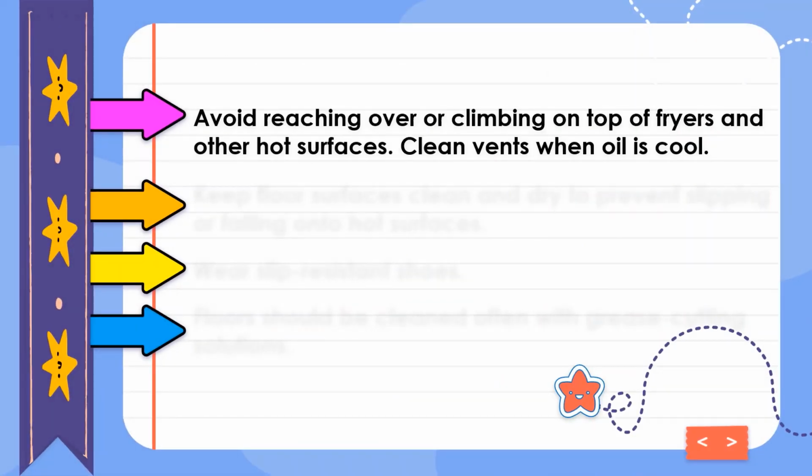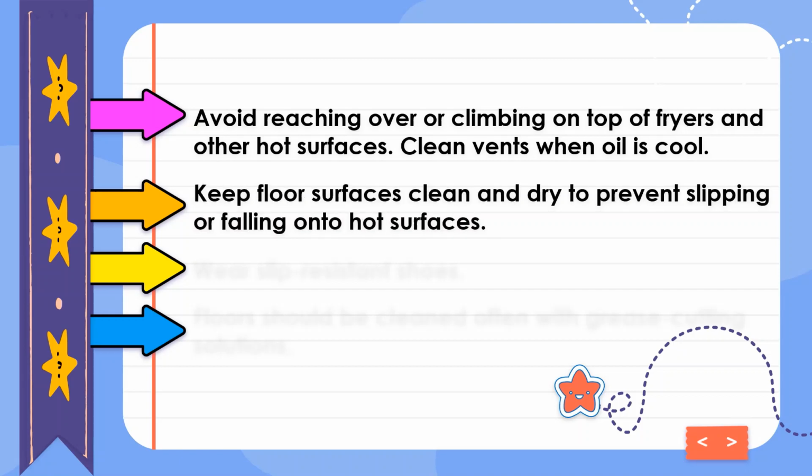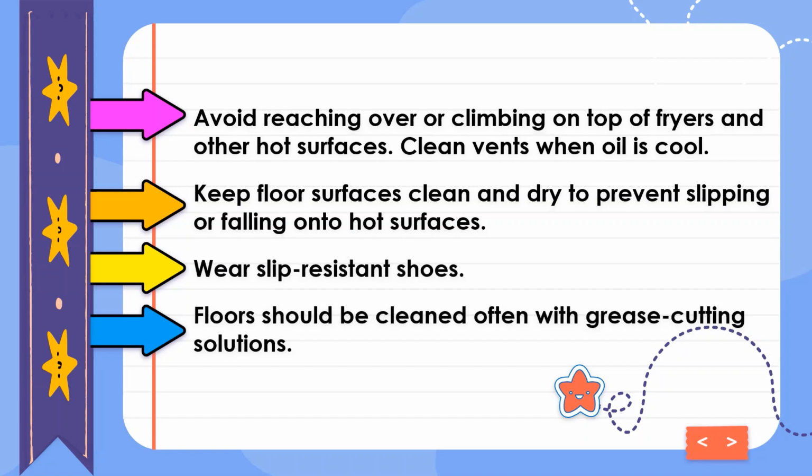Avoid reaching over or climbing on top of fryers and other hot surfaces. Clean vents when oil is full. Keep floor surfaces clean and dry to prevent slipping or falling onto hot surfaces. Wear slip-resistant shoes, and floors should be cleaned often with grease-cutting solutions.